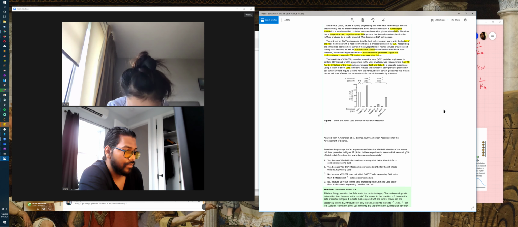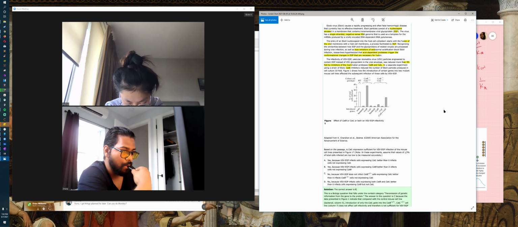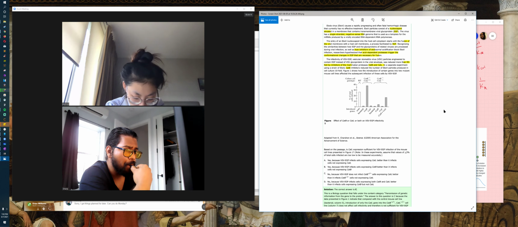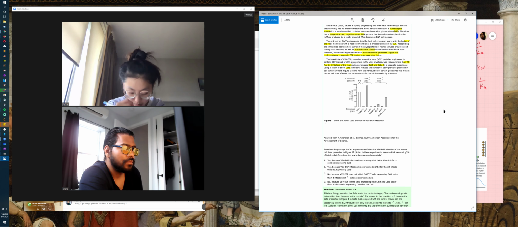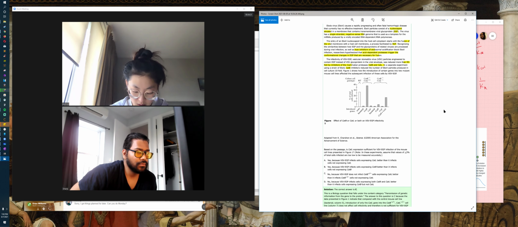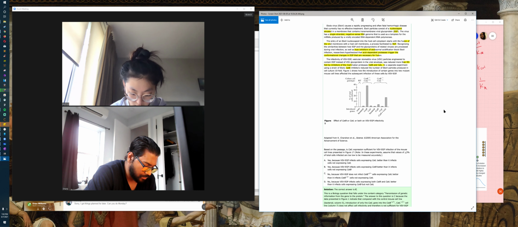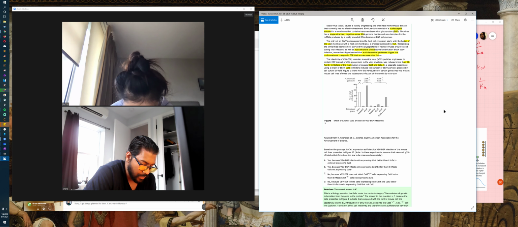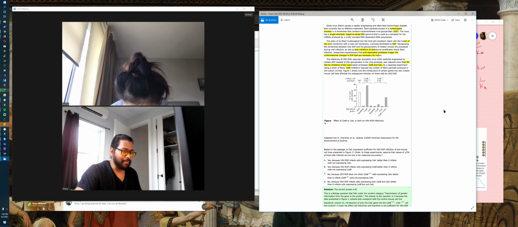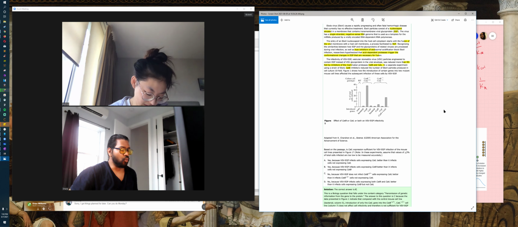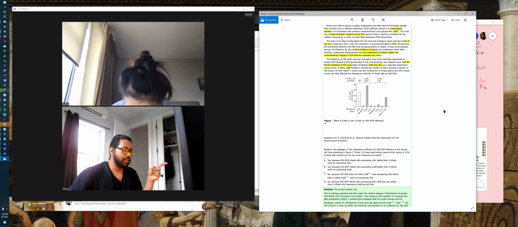Wait. Hold on. So answer D is saying that both cat B and cat L is better than it infects cells expressing cat B and not cat L. So that's saying that cat B plus cat L works better than just cat B. That's true, right?